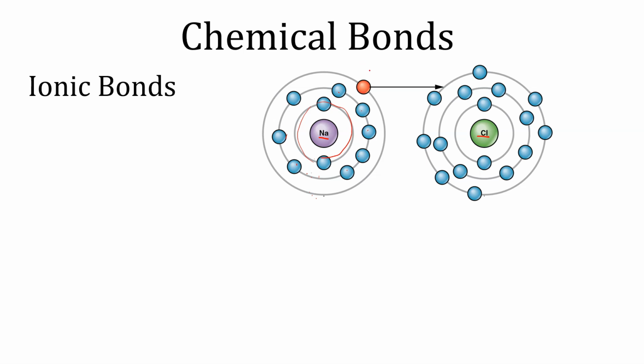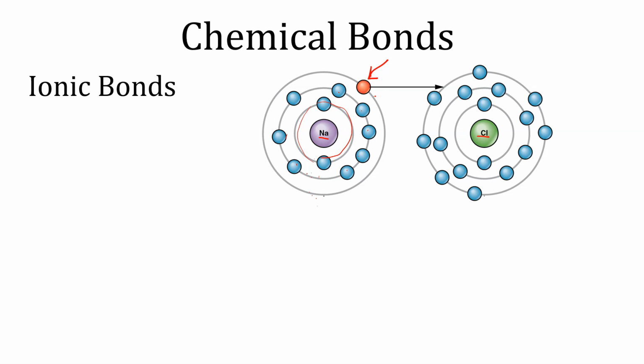So in this case, we have 1 electron here on the outer shell of sodium. This shell also requires 8 electrons to fill. So it's only got 1. So it's going to take a lot of effort to fill this shell with electrons that it's stripped from other atoms.